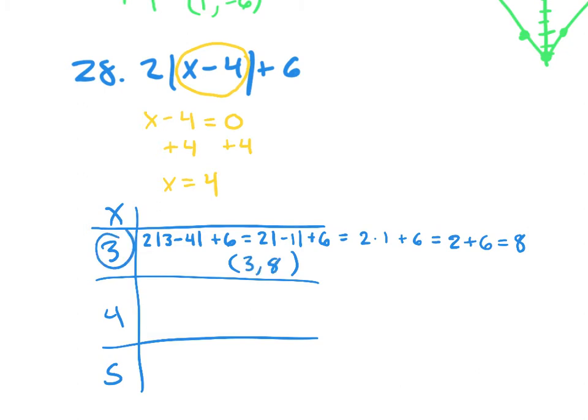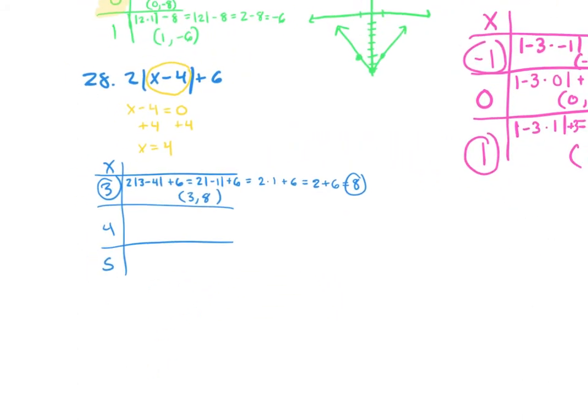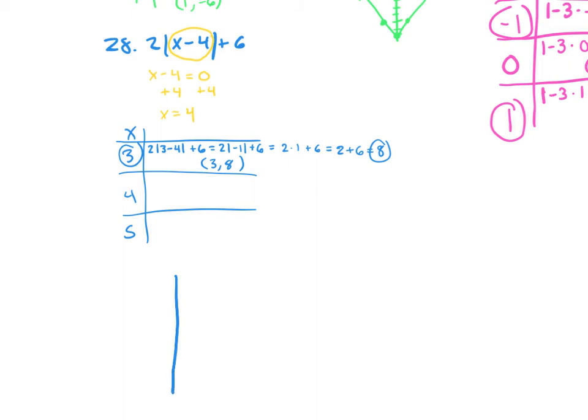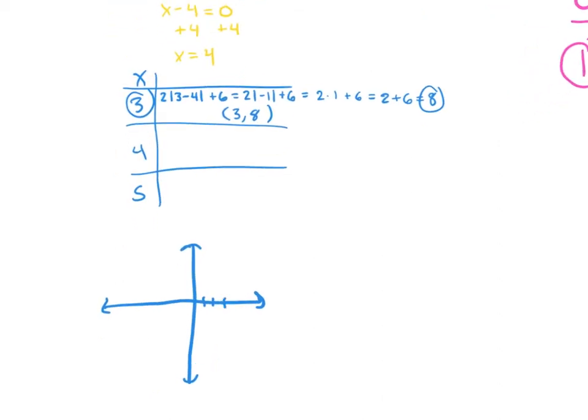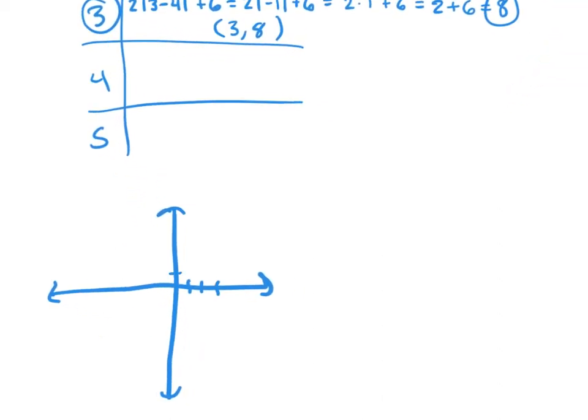So remember, we get our x and our y. So we can go ahead and graph it. I'm going to go to the right 3 and up 8. And put a point here.